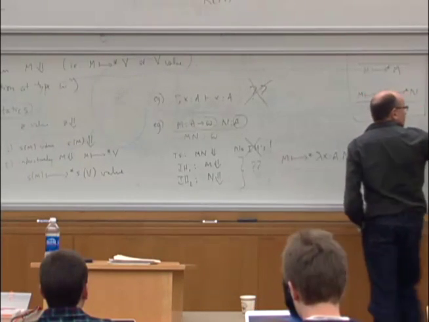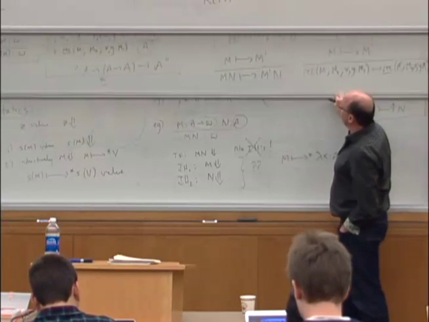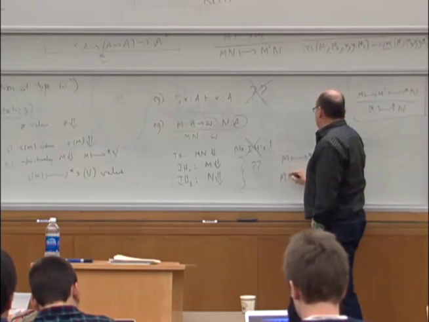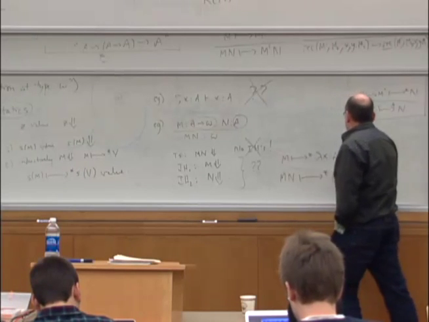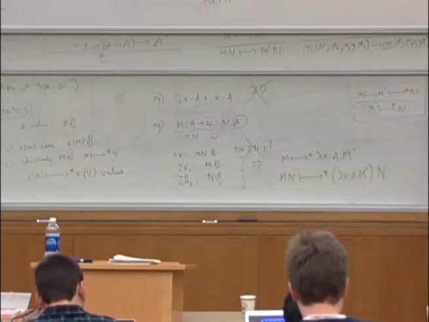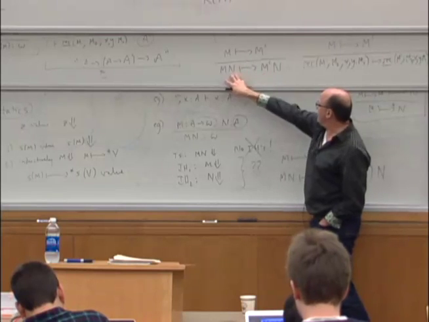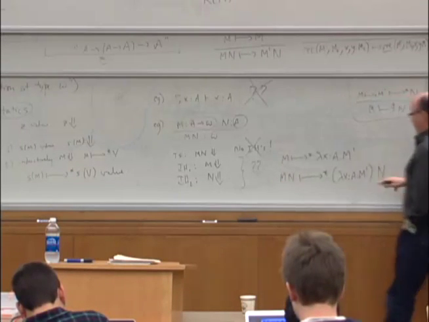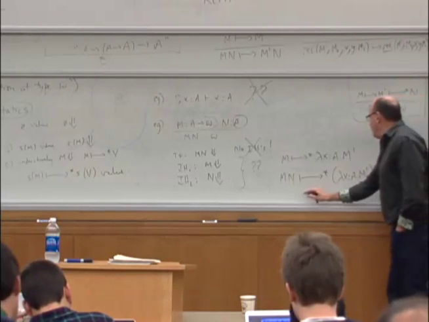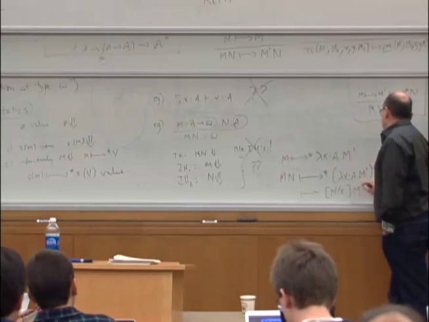So if you look at the closure rule for application, it follows that m applied to n can reduce to the lambda applied to n, because the rule says if you can make progress on the function, then you can make progress on the application. So that's a straightforward thing. Oh, and you know what? This is an instruction, so this can get us here, to n for x in m prime.